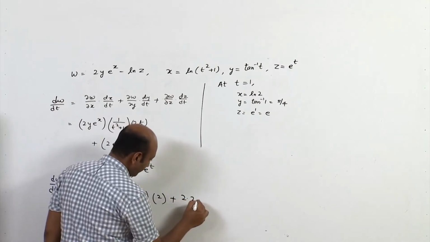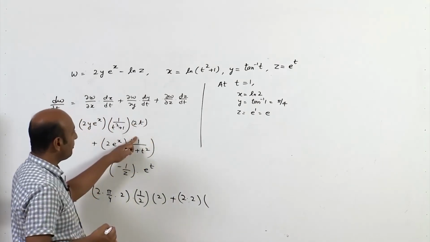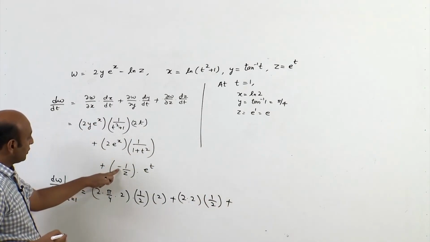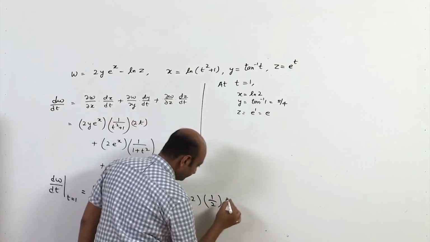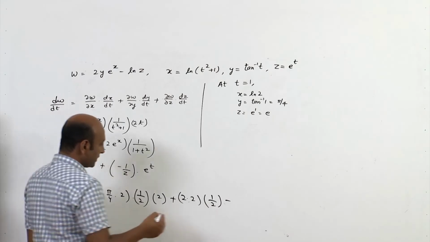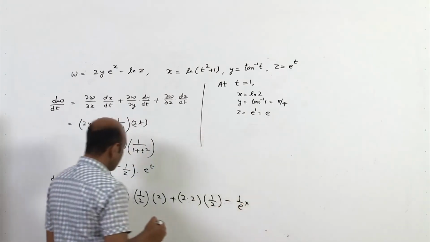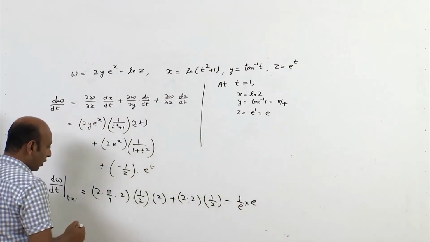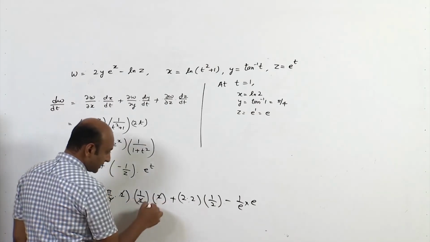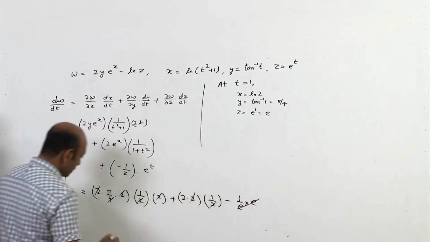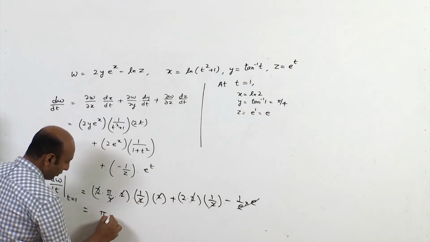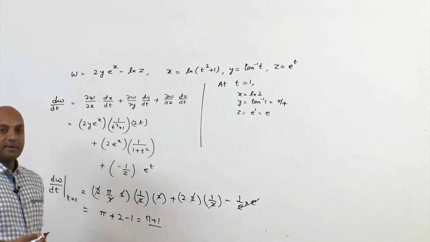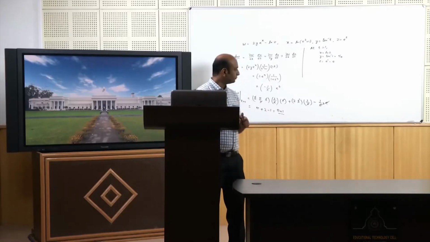So, it is 2 into 2, it is 1 upon 1 plus 1, that is 1 upon 2, plus, so it is a minus sign. So, minus will come, and z is e, so it is 1 by e into e raised to power t, which is e, because t is 1. So, what will we obtain from here? This will cancel out, this will cancel out, this will cancel out, and this will cancel out. So, we will obtain pi from here, and we will obtain plus 2 from here, minus 1, that is pi plus 1. So, pi plus 1 will be the final answer.